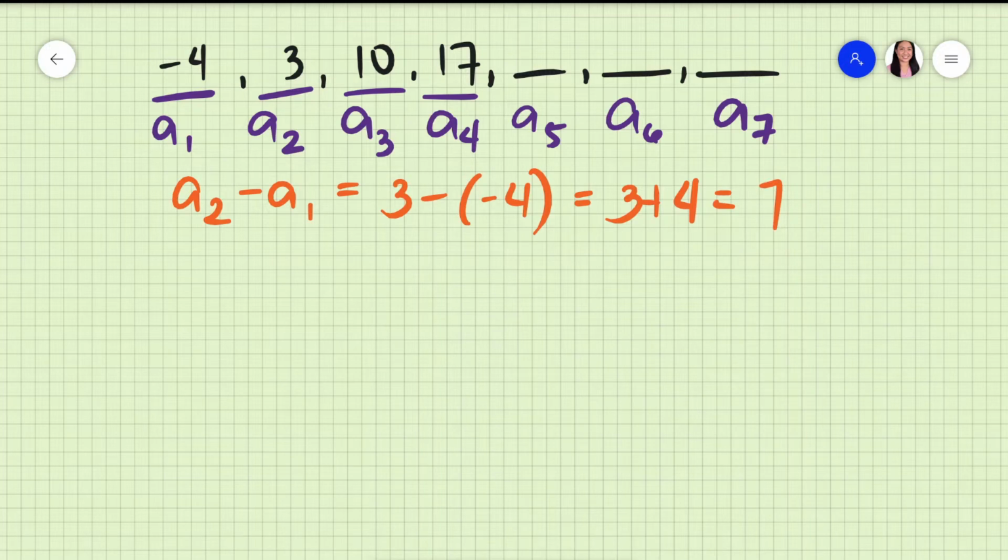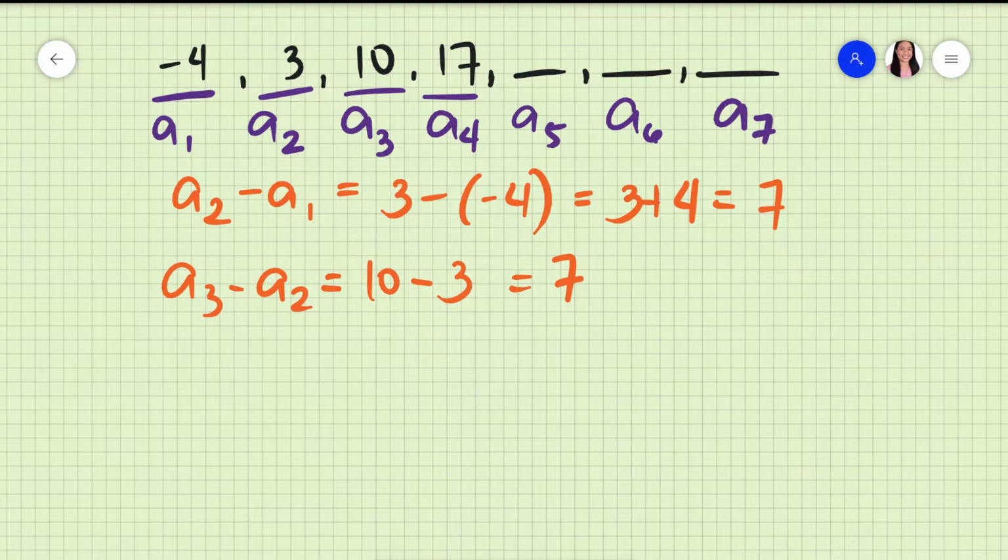For the next pair of consecutive terms, a sub 3 minus a sub 2. Substitute the value of a sub 3, which is 10, minus the value of a sub 2, which is 3. Perform the indicated operation. 10 minus 3 is equal to 7.